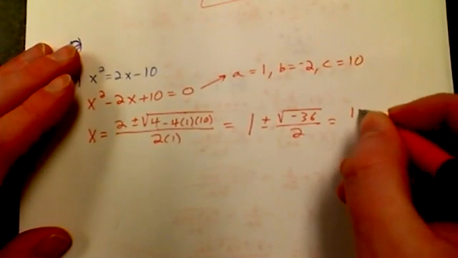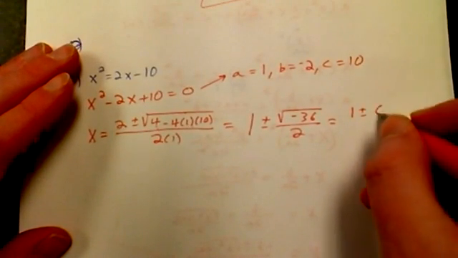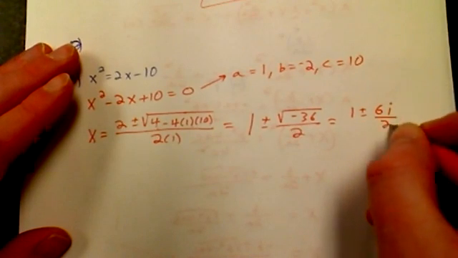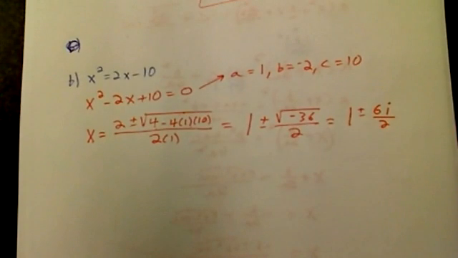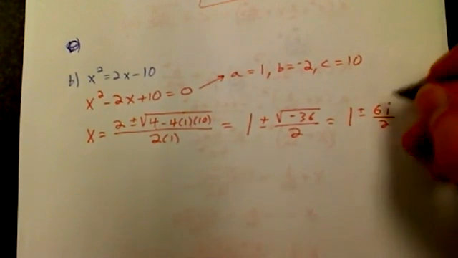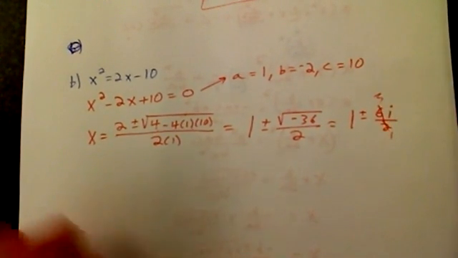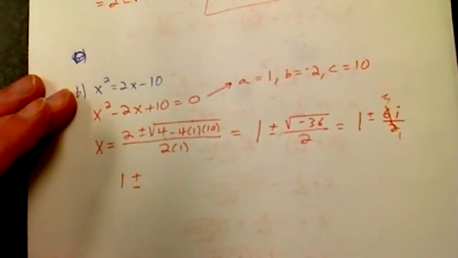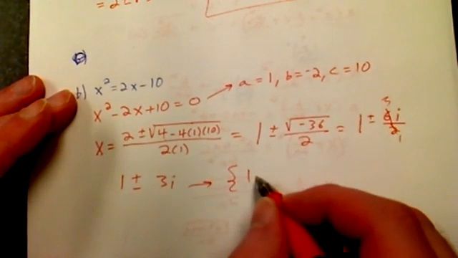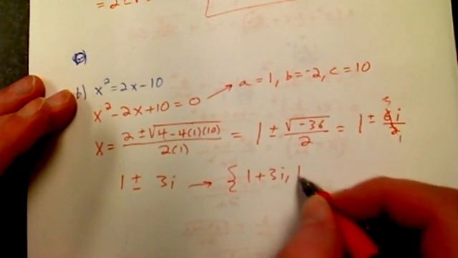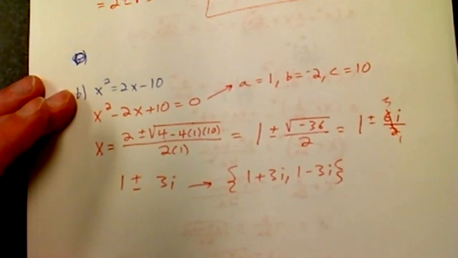So I'm going to get 1 plus or minus 6i over 2. Hopefully you can see how I got from here to here. And I'm going to simplify like so. So I got 1 plus or minus 3i. So I have 1 plus 3i and I have 1 minus 3i.